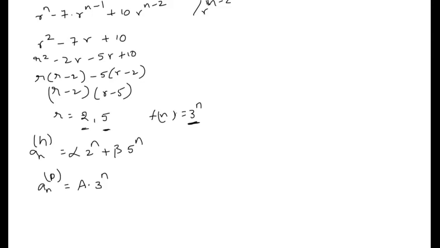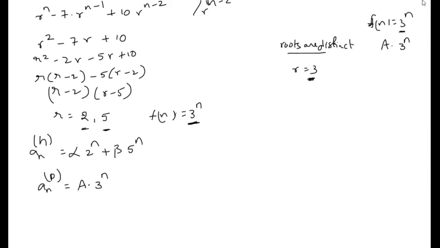Here I am going to discuss a table which is important. Based on that, the roots are distinct and f(n) is 3^n and none of the roots is matched with 3, so the solution is A times 3^n. Suppose the root is 3 and the function is 3^n, then 3 is matched and the multiplicity is 1.